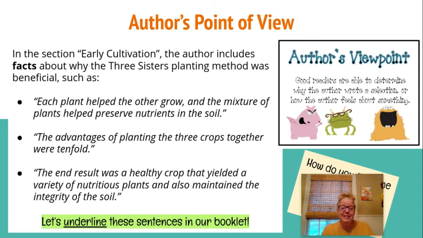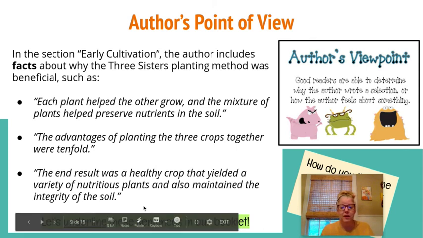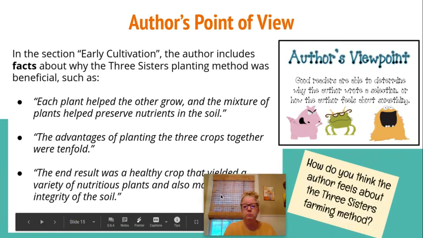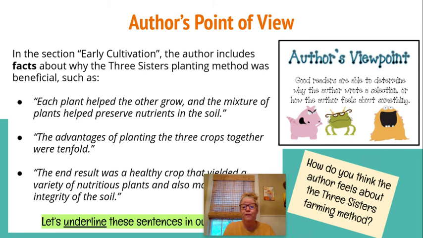So based on these three sentences, okay, we've underlined them in our booklet. How do you think the author feels about the Three Sisters farming method? Do you think that the author feels that this was a good way for them to plant, or maybe this was not such a good way?